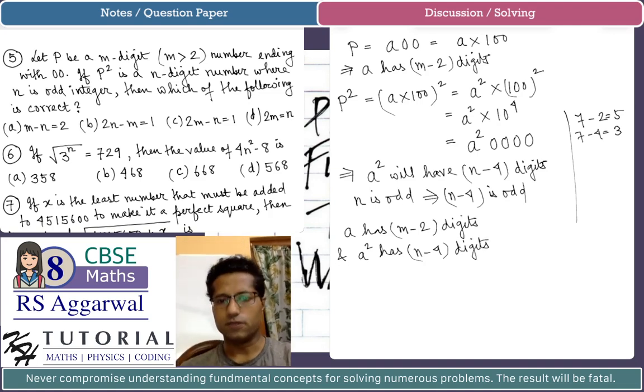So consider these now results. A has m minus 2 digits, a square has n minus 4 digits, and n minus 4 is odd.